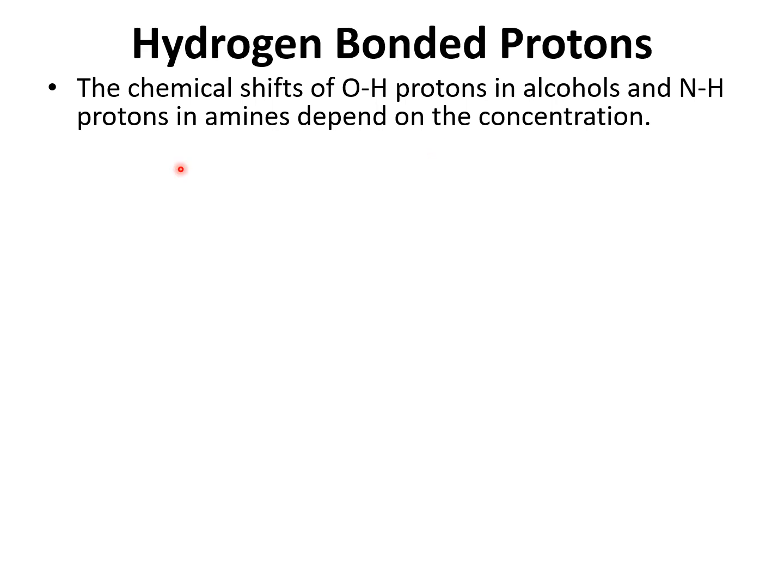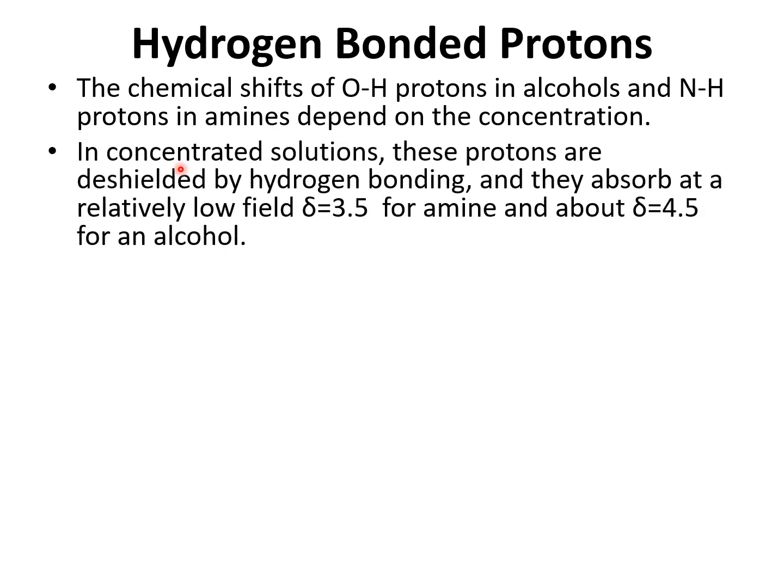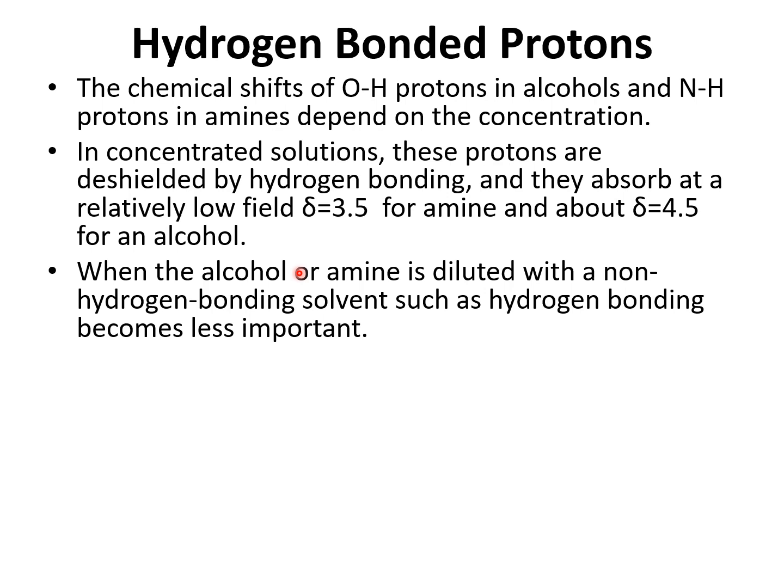This variation in value is due to hydrogen bonding. So if we consider highly concentrated solution, then these protons, generally OH or NH protons, are de-shielded due to hydrogen bonding. So they will absorb at a lower field of delta 3.5 for amines and 4.5 for alcohols.